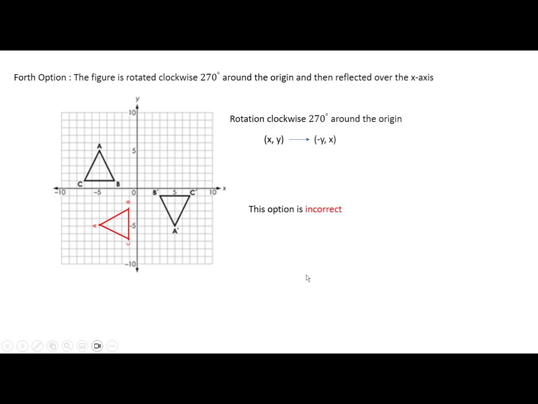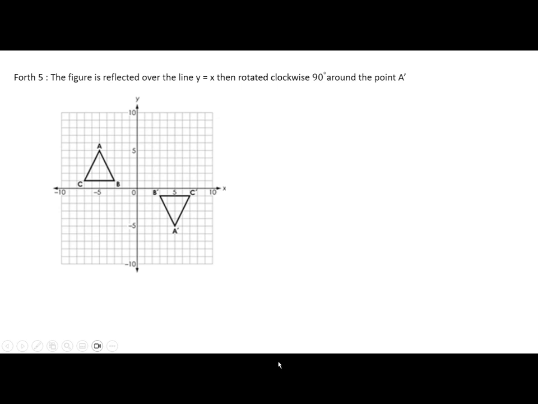The option is incorrect. The figure is reflected over the line y equals x, then rotated clockwise 90 degrees around the point A prime. This is the line y equals x. The formula is (x, y) becomes (y, x).